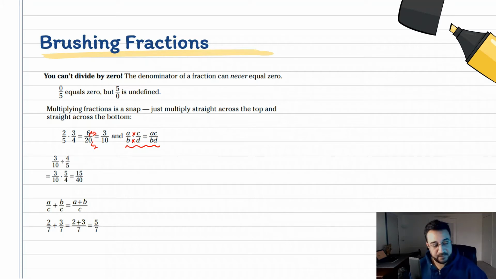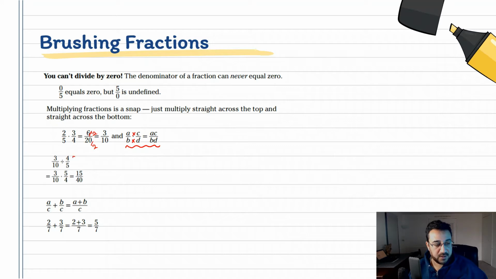So if you have two fractions that are divided by each other, so you have 3 over 10 divided by 4 over 5. In this case, it's easier for us to flip the other half of the equation and change that equation into fraction multiplication.